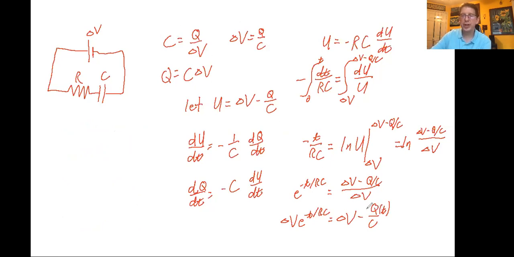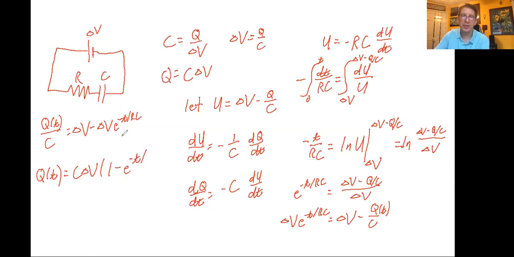So Q as a function of t over C is equal to delta V minus delta V e to the negative t over RC. And so we can write Q as being equal to C times delta V multiplied by 1 minus e to the negative t over RC. So just factoring out the delta V terms here and multiplying by C.